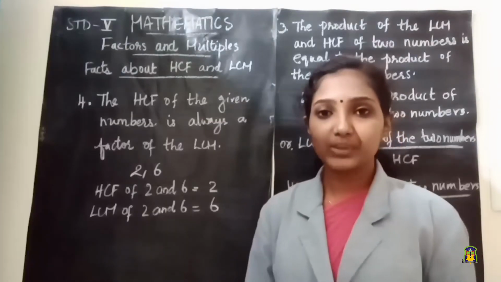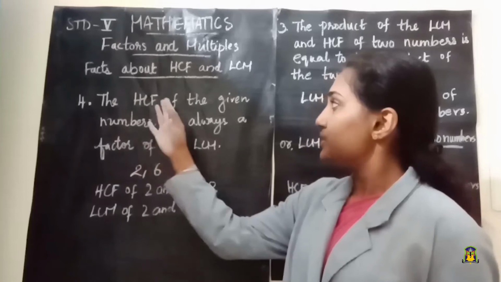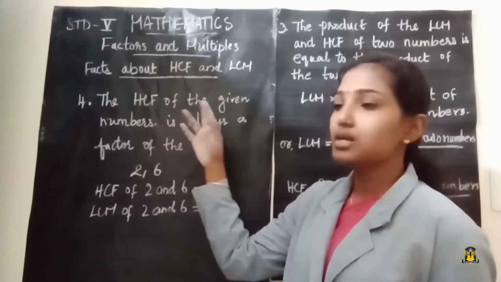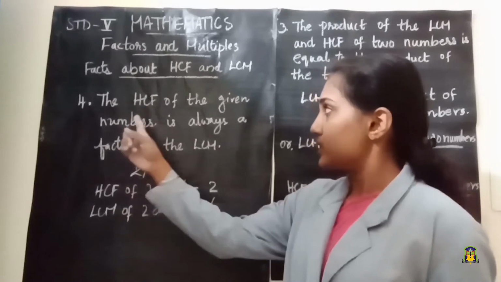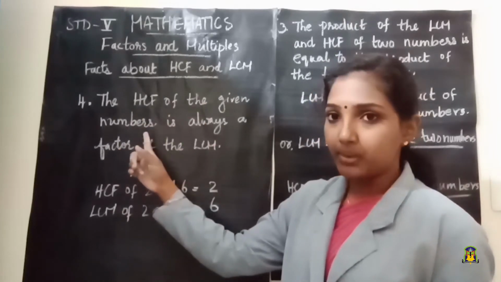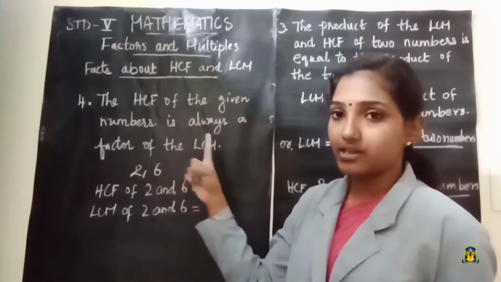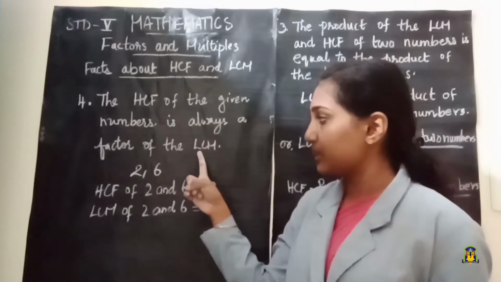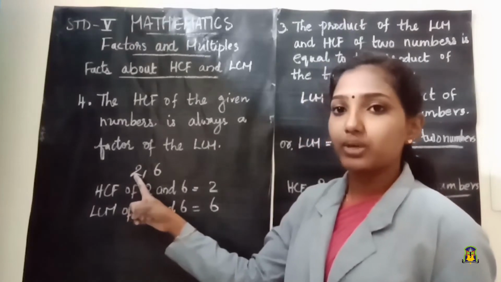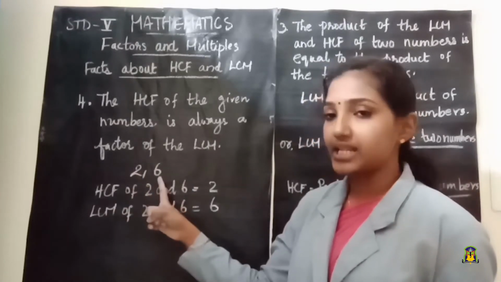Okay. Moving to the next one, the HCF of the given numbers is always a factor of the LCM. HCF will be a factor of LCM. It is given like that. So here we are given two numbers 2 and 6.